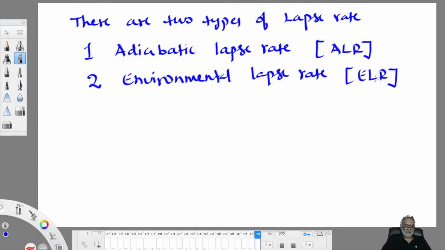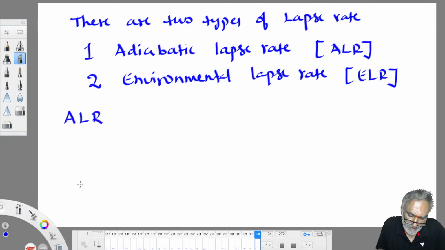Okay? Adiabatic lapse rate is ALR, environmental lapse rate is ELR. So normally, ALR is always constant. Some people also call it dry adiabatic lapse rate.